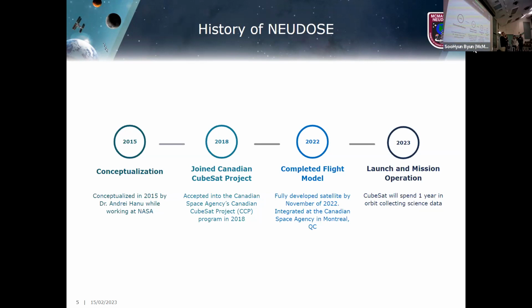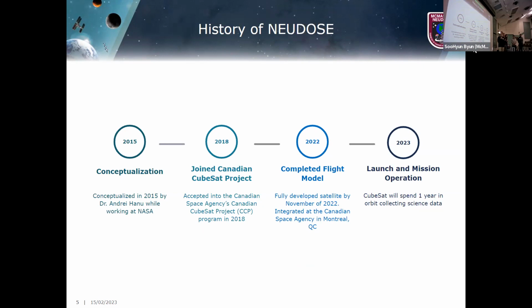And then just a little bit about the history of NEUDOSE. NEUDOSE started in 2015. It was conceptualized in 2015 by Dr. Andre while he was working at NASA. Next, in 2018, we joined the Canadian CubeSat project. We were accepted into the Canadian CubeSat project after our proposal to the Canadian Space Agency. We then, throughout 2018 and 2022, developed our satellite.